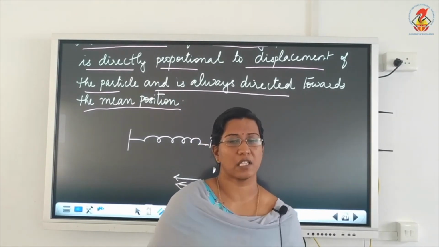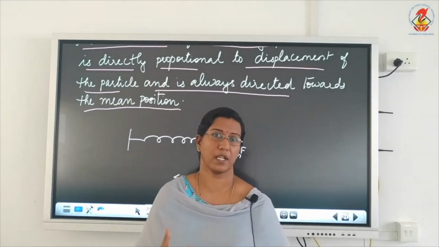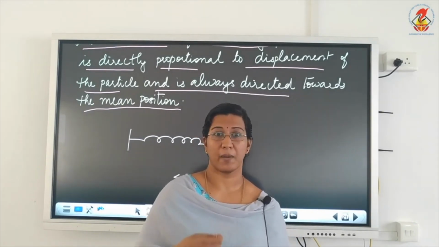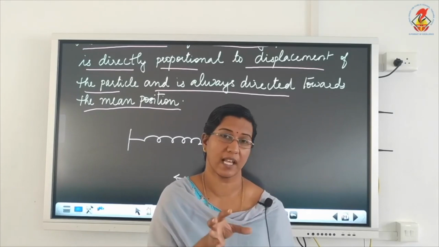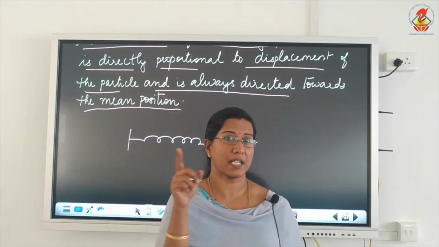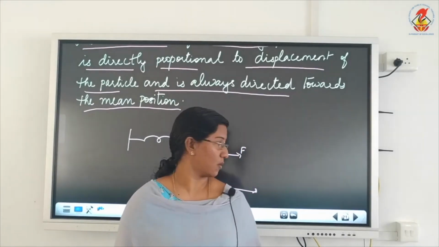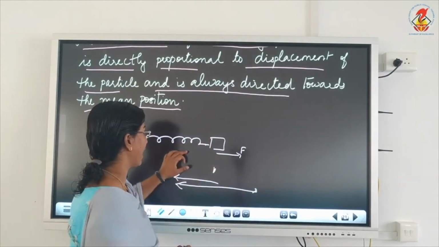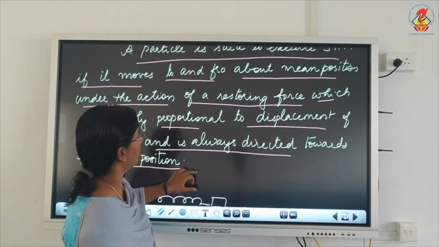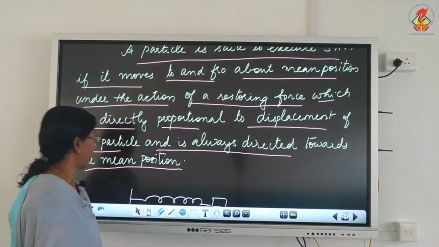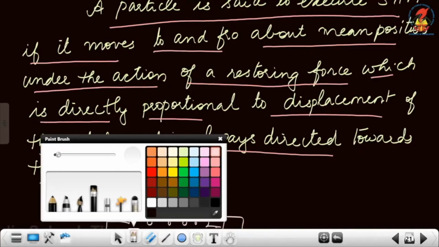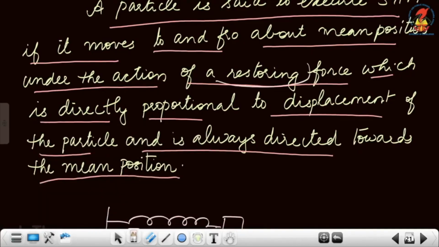And how much is the restoring force created in the spring, or how much force externally I am applying? That much force is there, and that force is proportional to the displacement of the particle. So a particle is said to execute SHM if it moves to and fro about its mean position under the action of a force, that is restoring force. And what is the speciality of this restoring force?